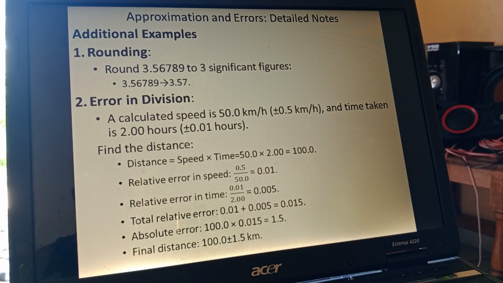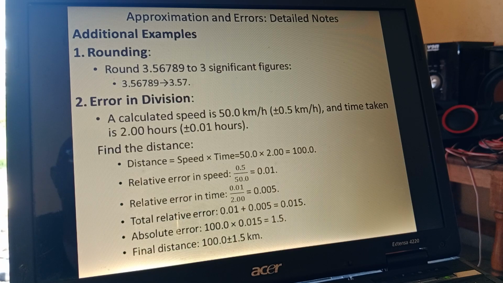Find the distance. Distance equals speed times time. 50 times 2 is 100. Relative error in speed is 0.5 over 50, which is 0.01. Relative error in time is 0.01 over 2, which is 0.005.